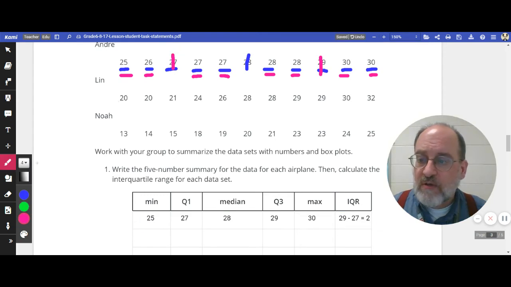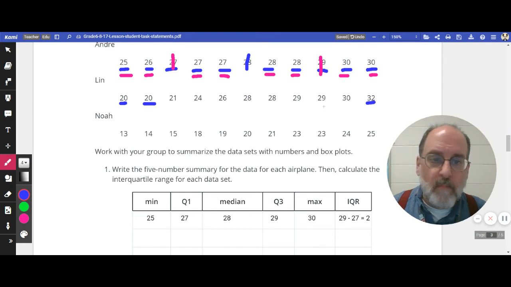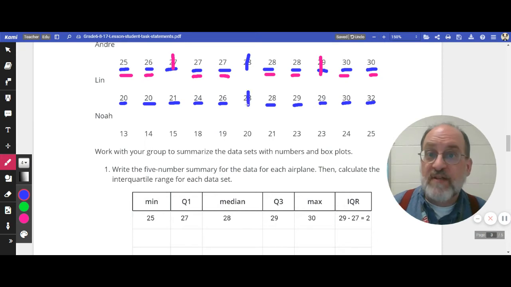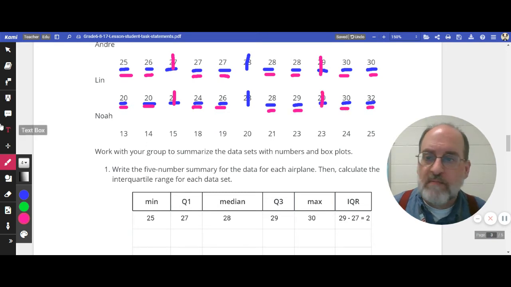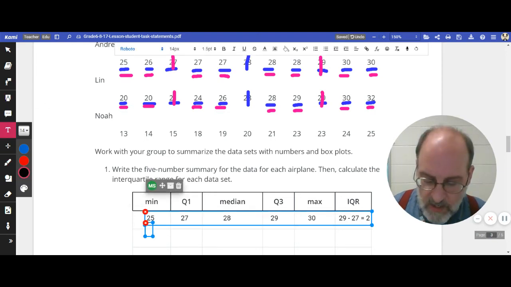For Lynn's, let's switch back to blue. Okay, there's 28. That's the middle number. And for the numbers on the bottom, we've got 21. And 29. Okay, so I've got a min of 20.